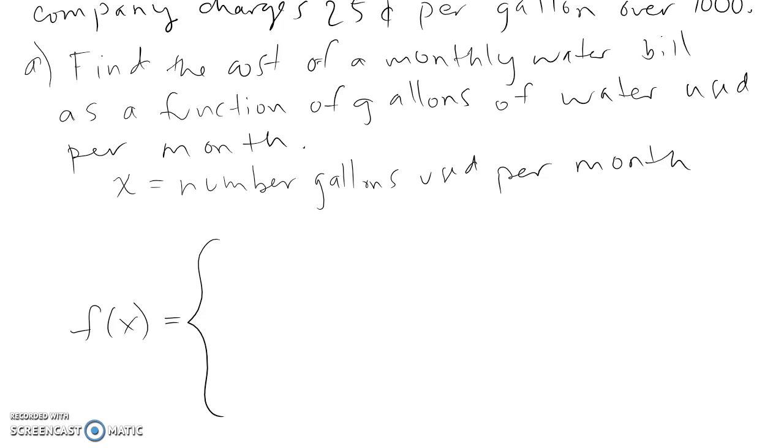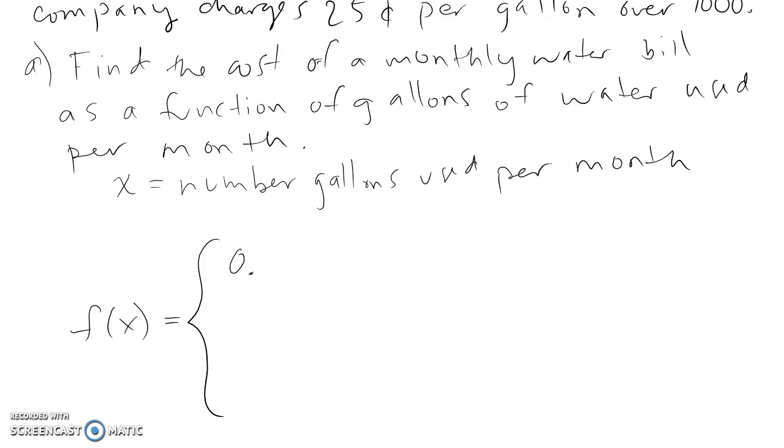Now since it's piecewise, I'm going to use a little bracket to indicate that these are all together and all making one function. And we're going to think about the different pieces of this function's domain, right? X is the number of gallons used per month. So the domain of f altogether would be 0 to infinity, right? You could use no water, or you could use a lot of water. You would not use negative amounts of water.